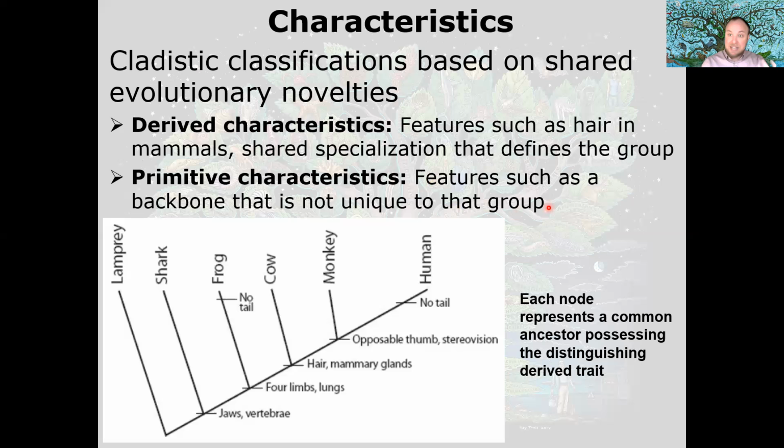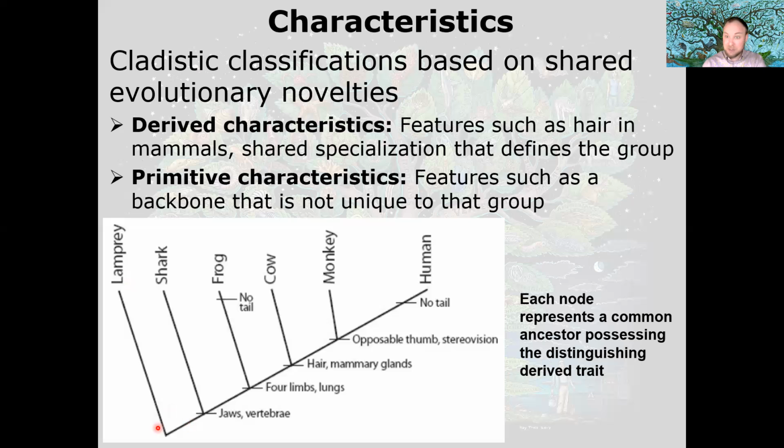So if we go back to that cladogram on the previous page, all of those things had a spinal column. A spinal column is not a unique characteristic of mammals, but again, hair, warm-bloodedness, that is. So again, each node here, each branch represents a common ancestor that has that trait. Starting out with a lamprey, lamprey is going to be picked on quite a lot.